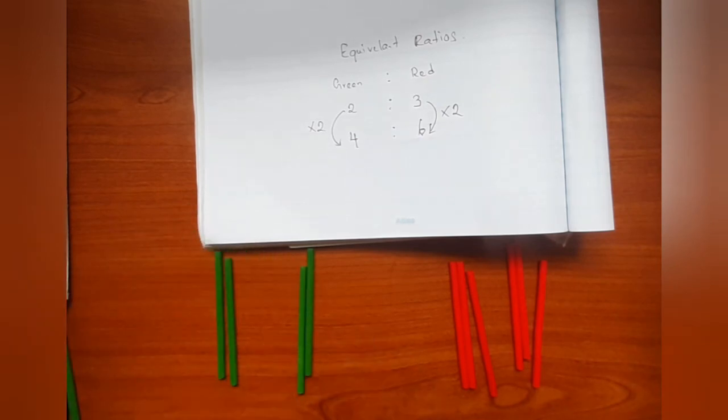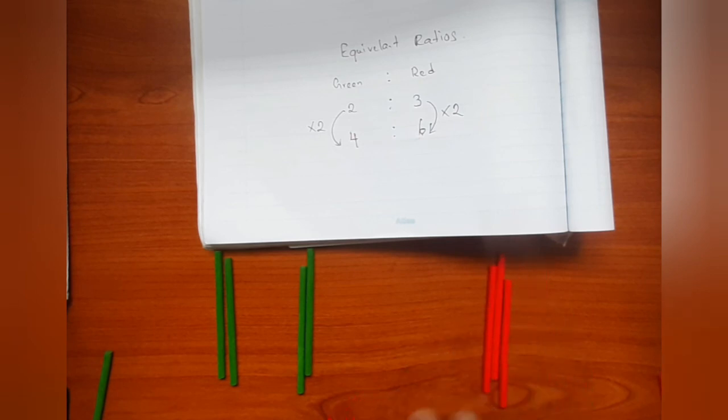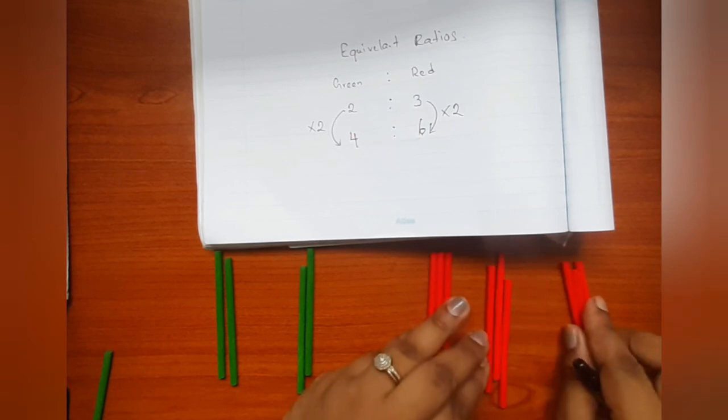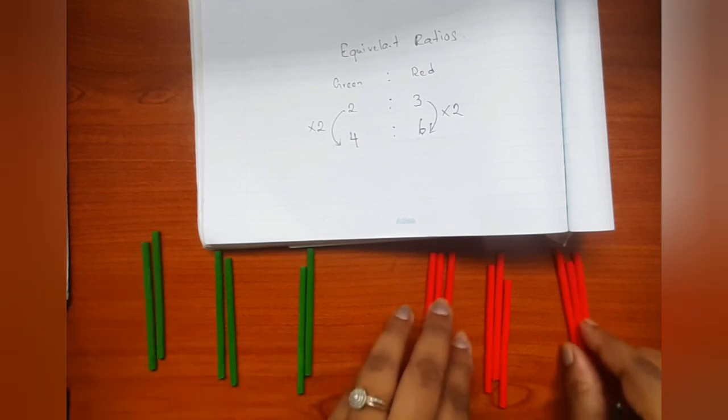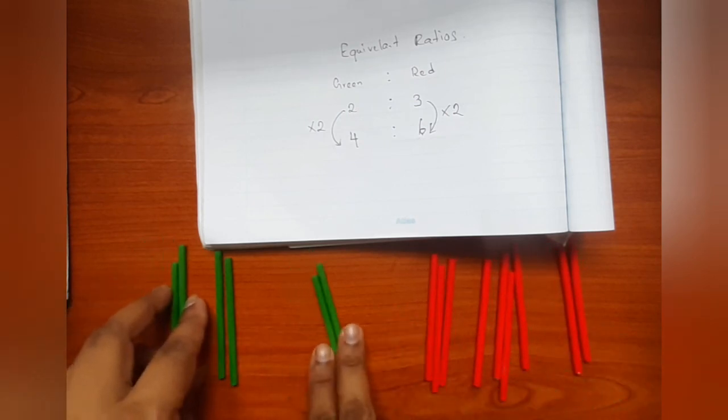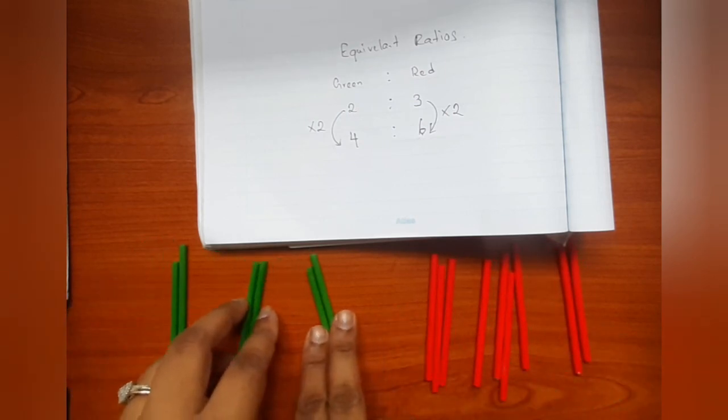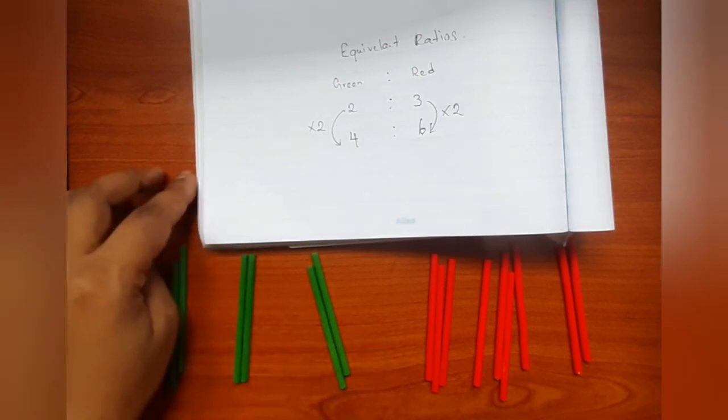To give you another example, I am keeping thrice the amount, I mean 3 times the previous amount. Okay, so here I have kept 3 times the previous amount, and here also I have kept 3 pairs on green as well.